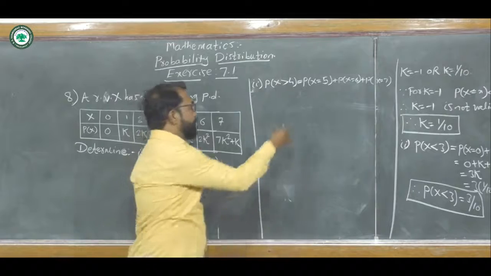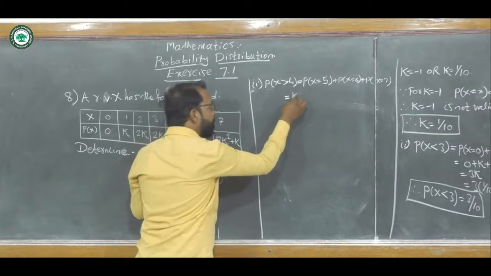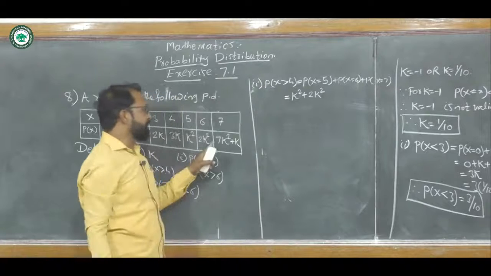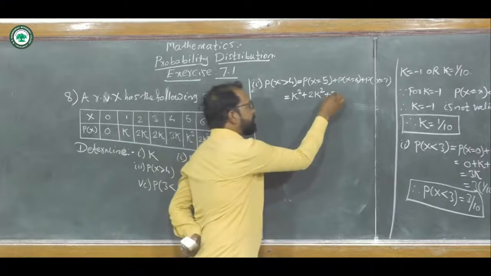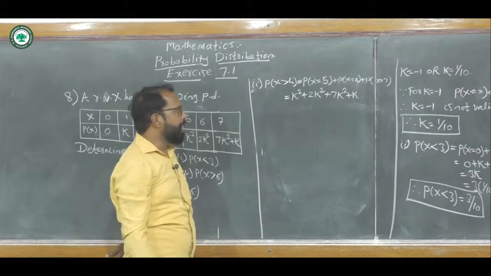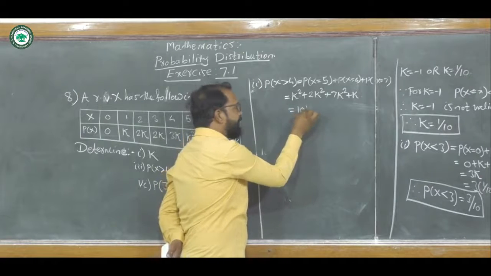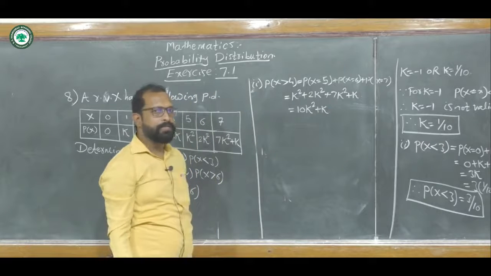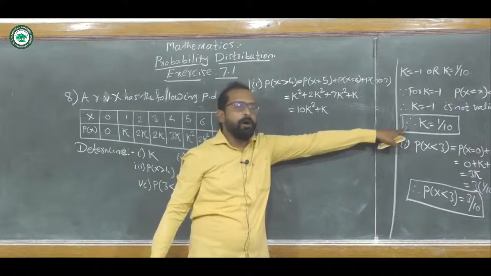Now from the table, putting these values, we get probability for x equals 5 is k square, for 6 it is 2k square, and for x equals 7 it is 7k square plus k. Now if we add these, it becomes 7 plus 2, that is 9, plus 1, that is 10k square plus k. Now put the value of k, that is 1 upon 10.